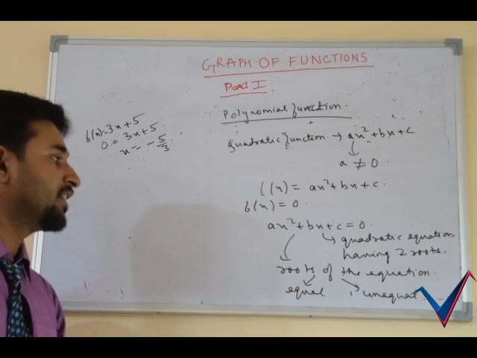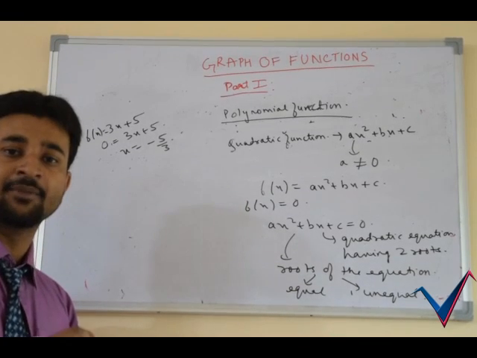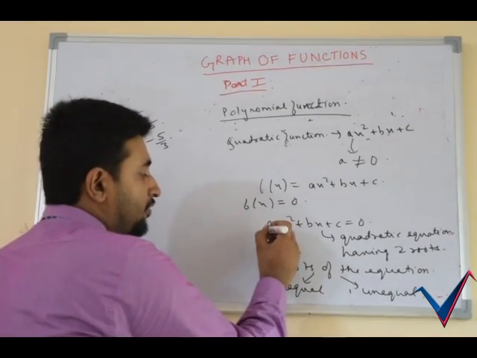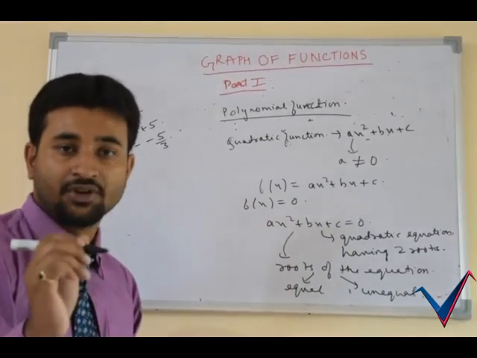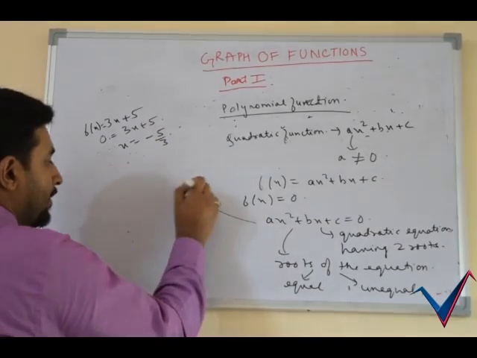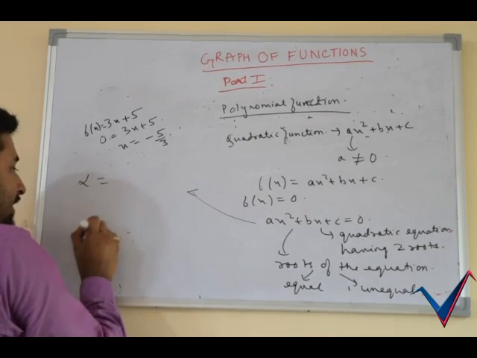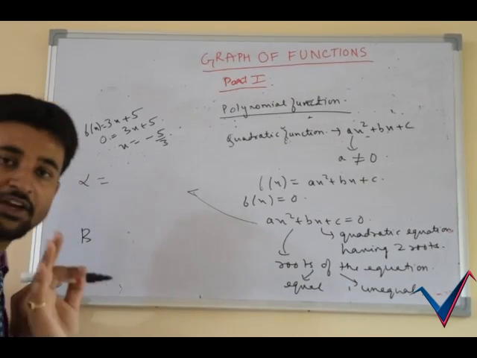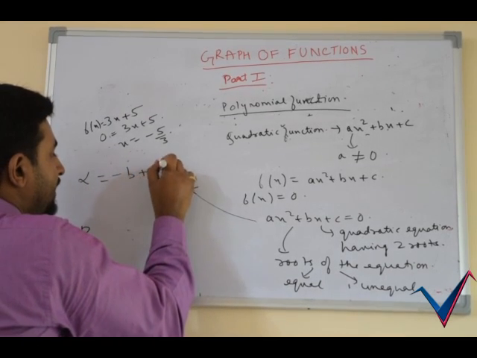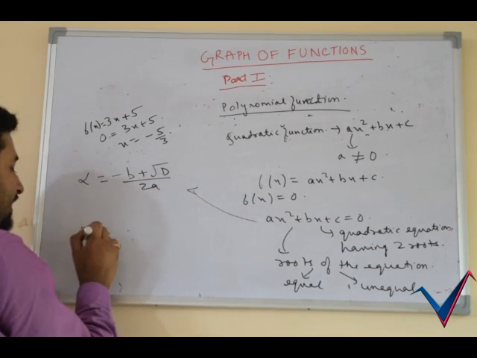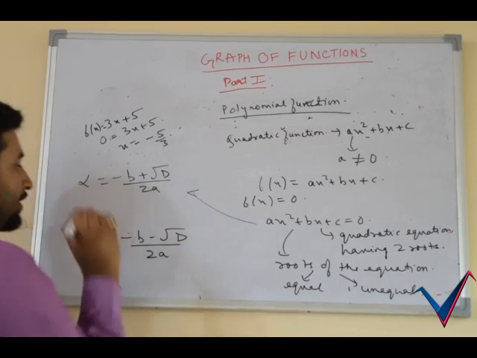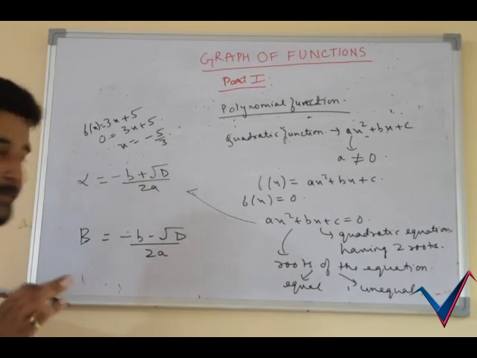I won't derive the roots, but I will use a ready-made formula which is available for them. Any quadratic of this form, ax square plus bx plus c equal to 0, has 2 roots, and the roots are given by alpha and beta. The value of alpha is minus b plus under root d by 2a, and beta is minus b minus root d by 2a.